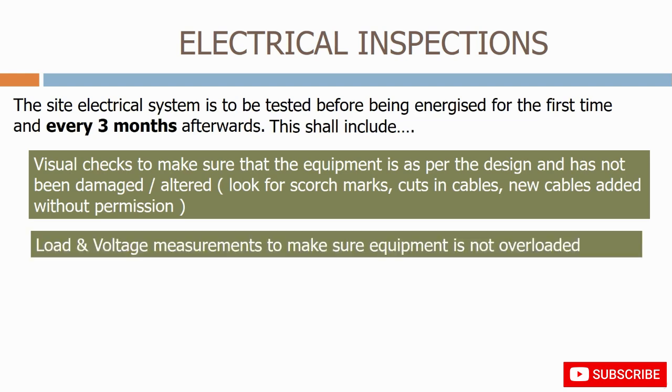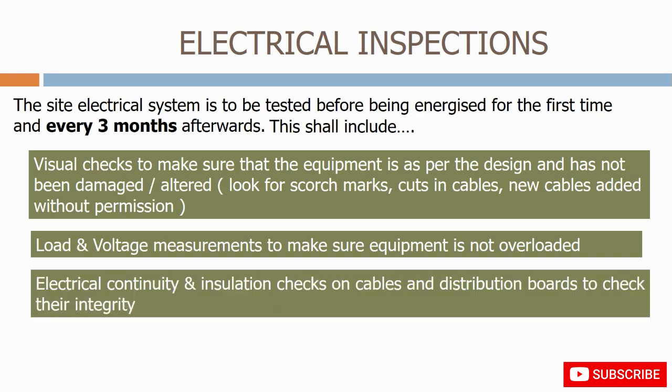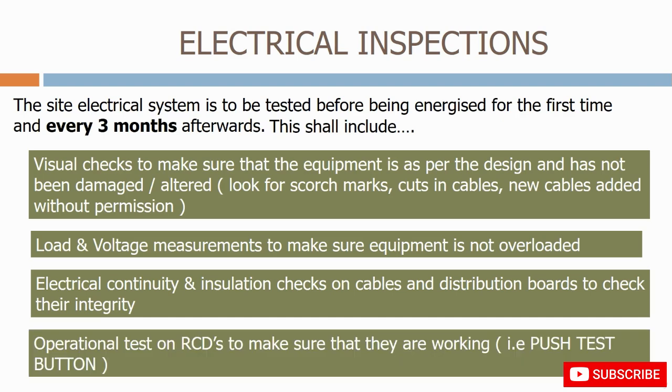Load and voltage measurements to make sure the equipment is not overloaded. Electrical continuity and insulation checks on cables and distribution boards to check their integrity. Operational tests on RCDs to make sure that they're working, i.e. push the test push button.